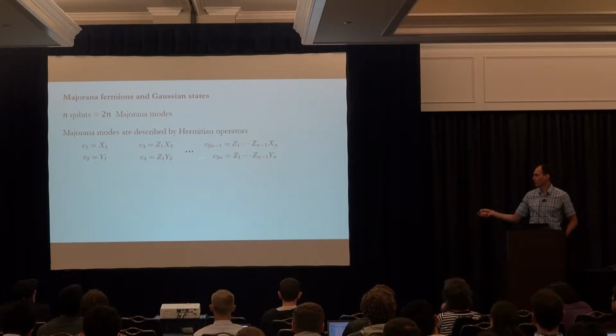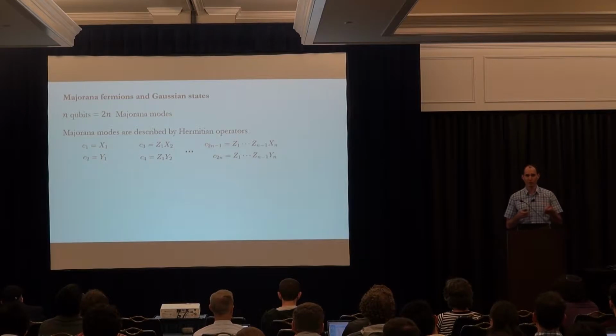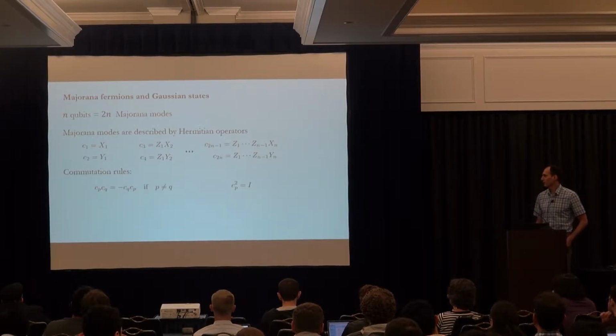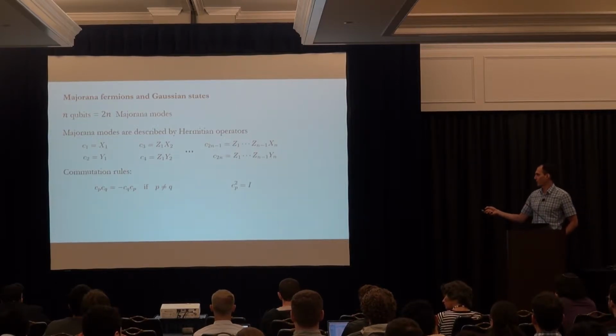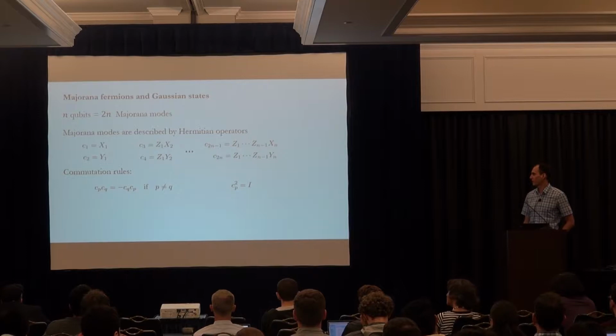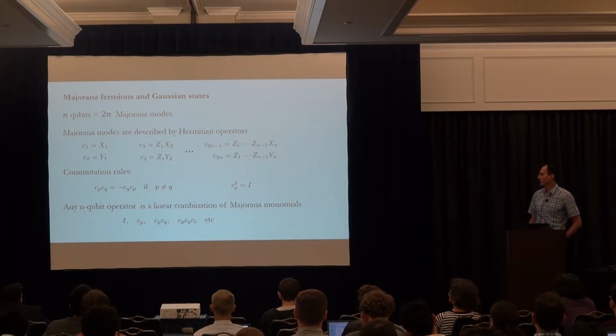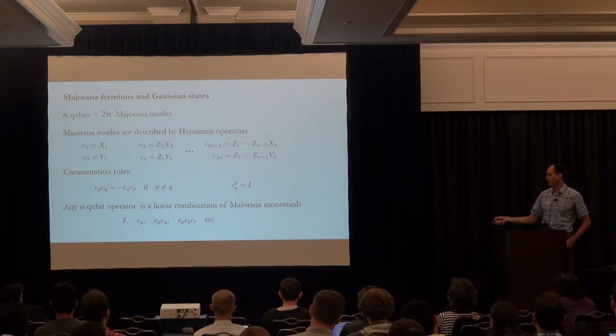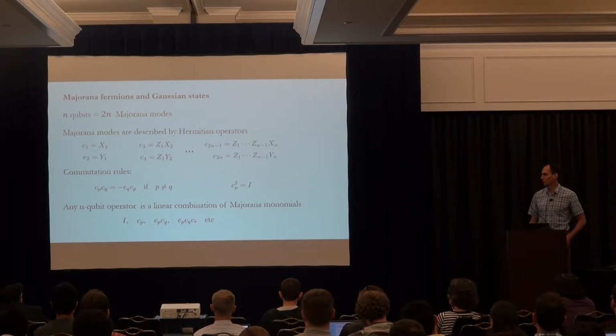I guess my notation is different from the notation in a previous talk; he used gammas instead of c. These Majorana operators obey these commutation rules. And any n-qubit operator can be expressed as a linear combination of these Majorana monomials, so they form a basis for the operator algebra.